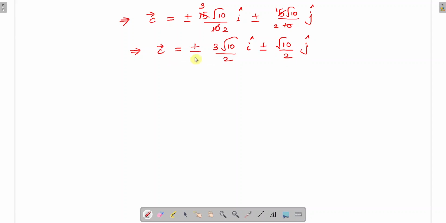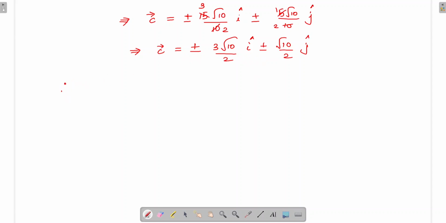So c bar gives us two vectors which are satisfying the condition in the problem, because there is plus or minus, right? So what now we can do is write either plus or minus of the vector.